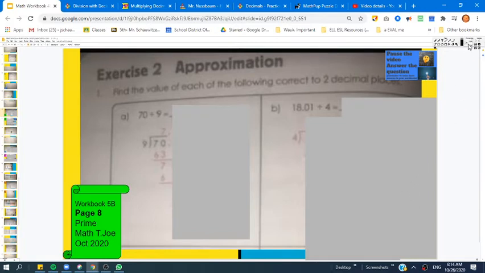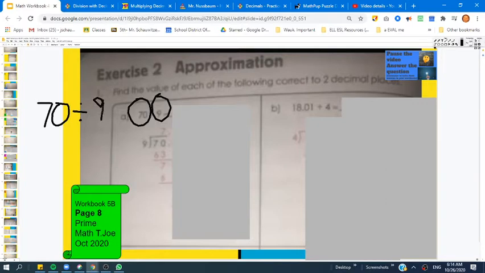All right, so here we have 70 divided by 9. Let me go back 1 second. All right, so our first problem is going to give us an answer as a decimal.